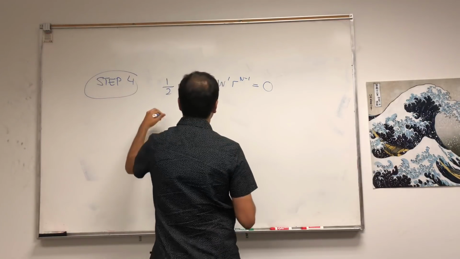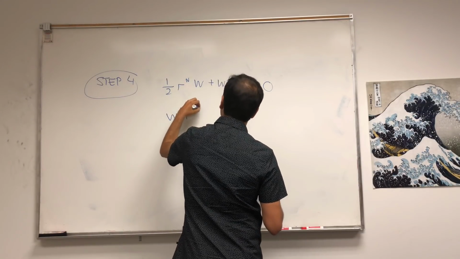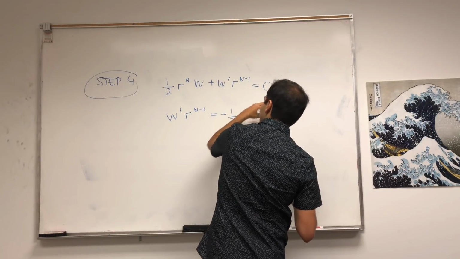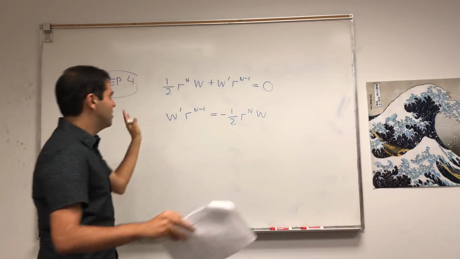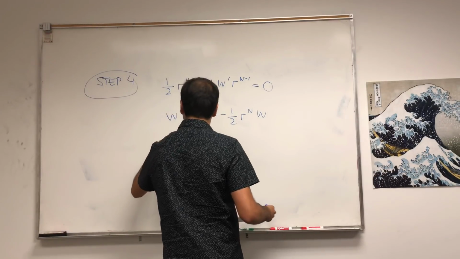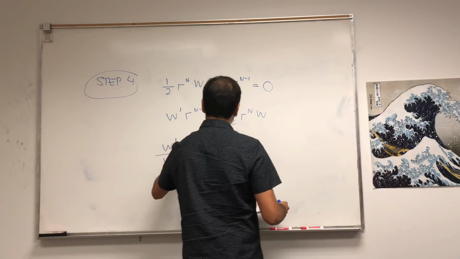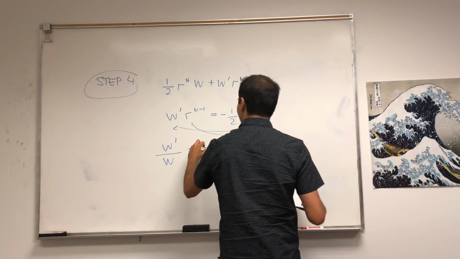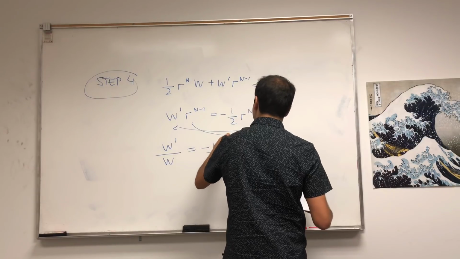And so now w prime r to the n minus 1 equals minus 1/2 r to the n w. Assume our function is positive, again, just heuristically. W prime over w. So we divide this by w, and we divide the other side by r to the n minus 1.